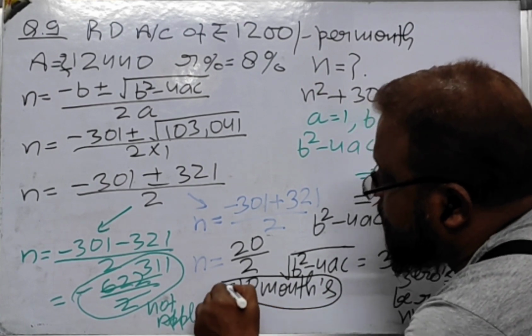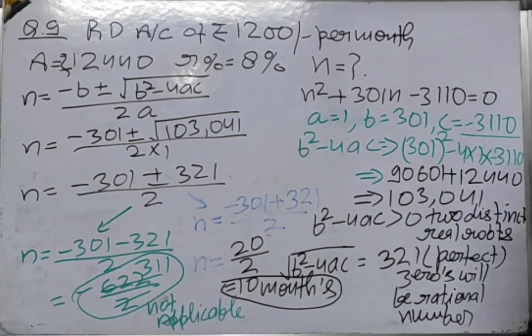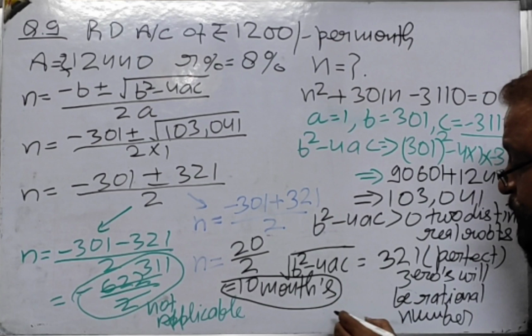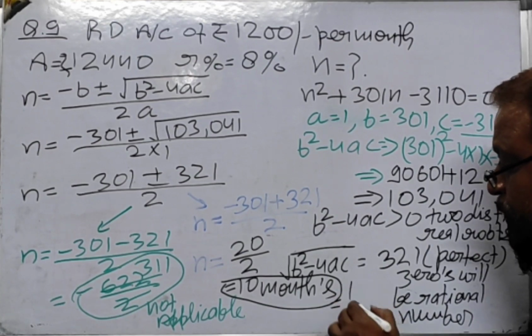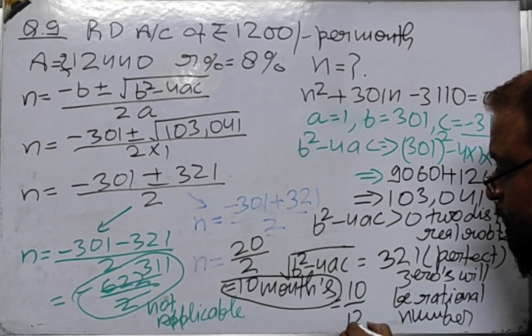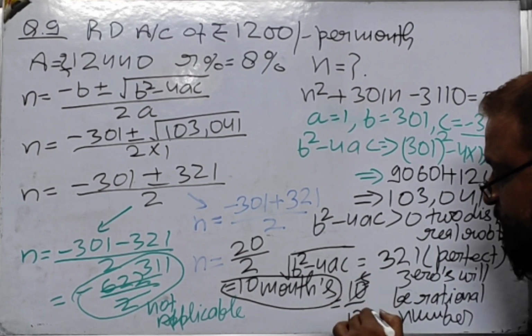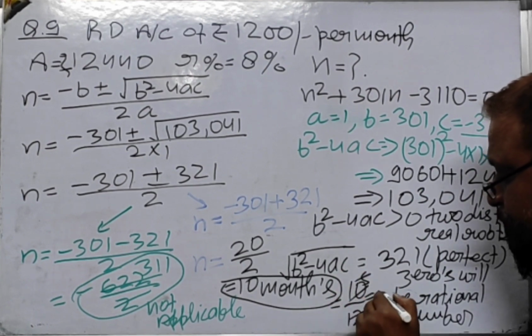Is it correct? If you change it into years, then it can be 10 upon 12, it becomes 5 by 6 years. Can you check the answer?